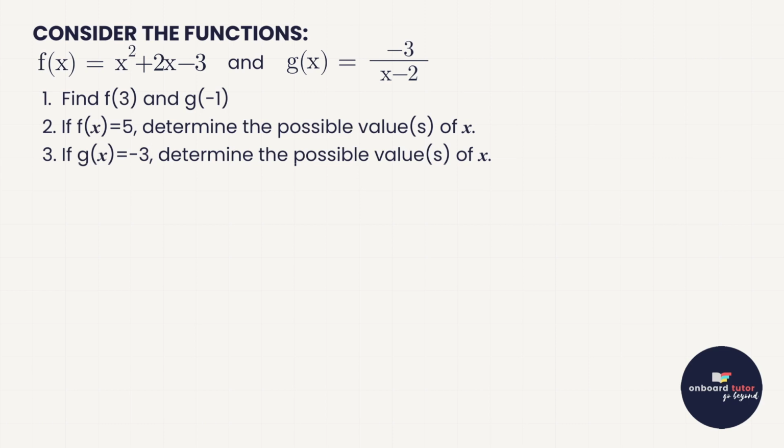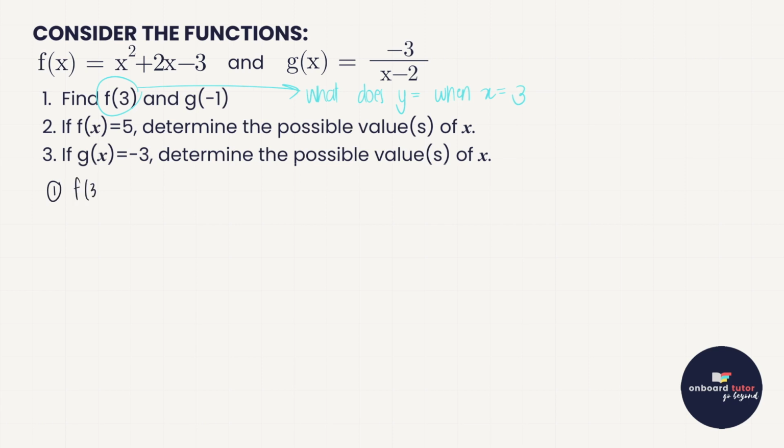Okay, the first thing they're asking us to do is to find f of 3 and g of minus 1. What are they actually asking for here? Okay, this is function notation to say, what does y equal when x equals 3? And so what we can do is write down that f of x, but in the place of x, we can now substitute a 3.